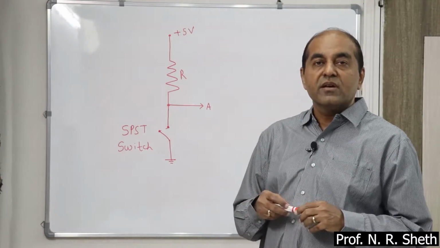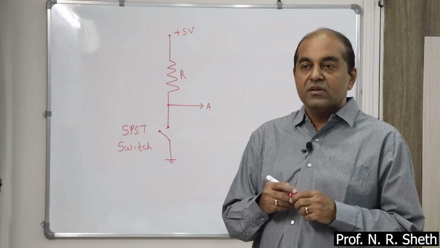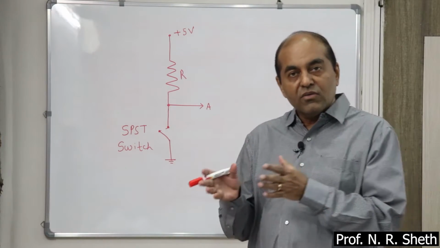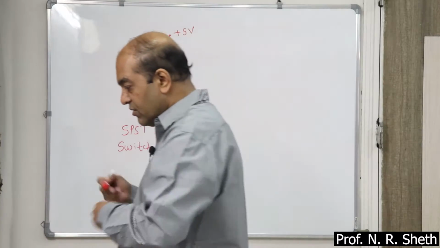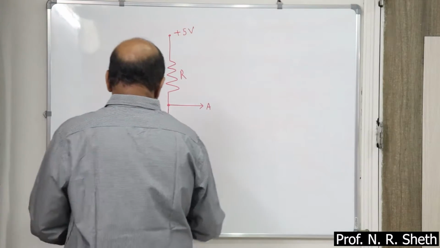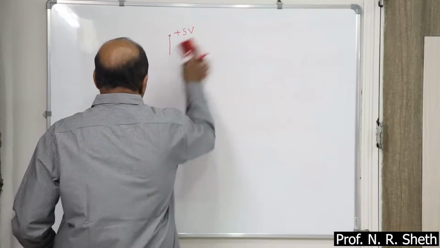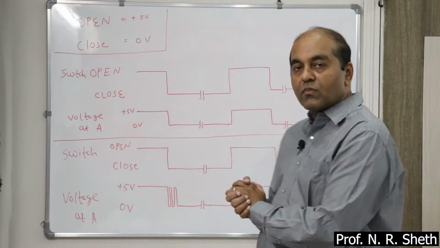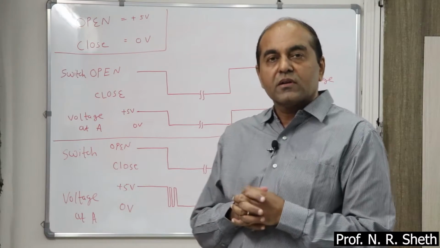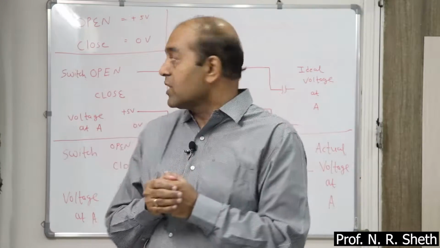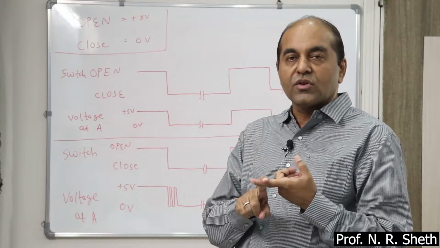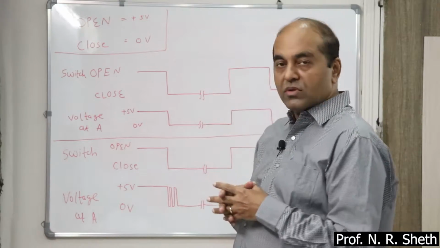Now in this situation, when the switch is open or closed, what should be the potential? According to that, we can prepare the waveforms. So now the next section is the waveform. Now look here. We know that when the switch is in the open condition, the voltage is plus 5. When the switch is closed, voltage is 0 volt.